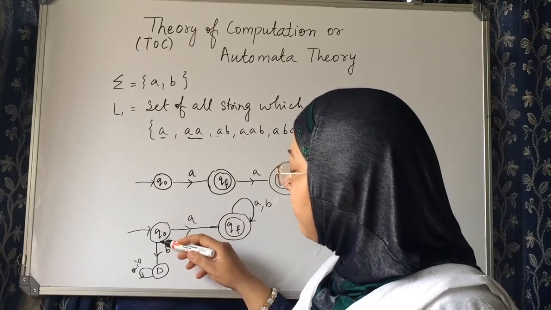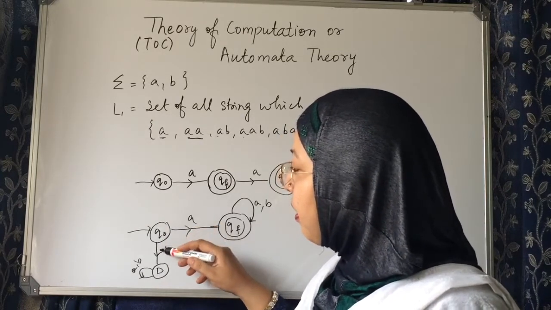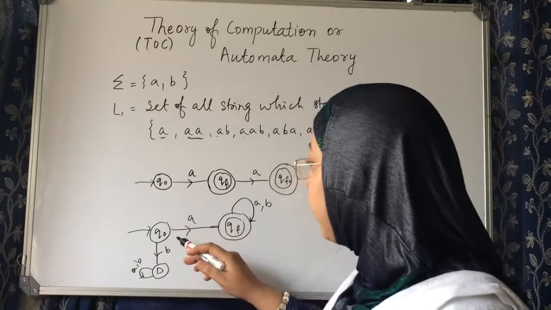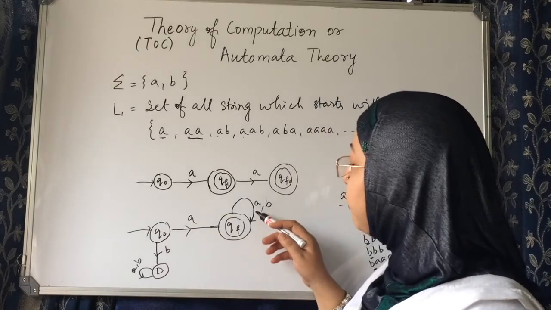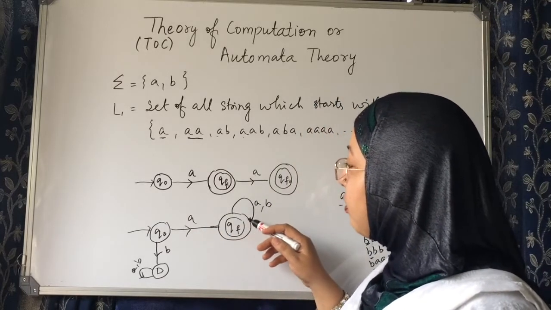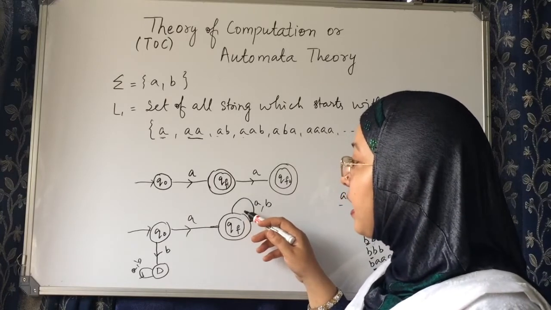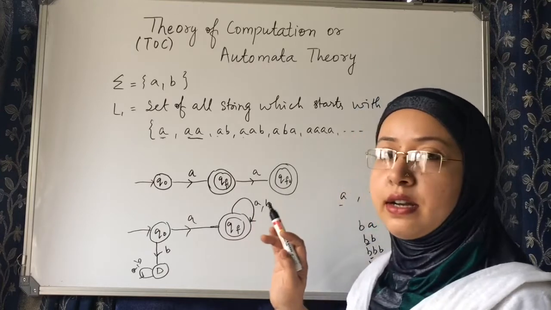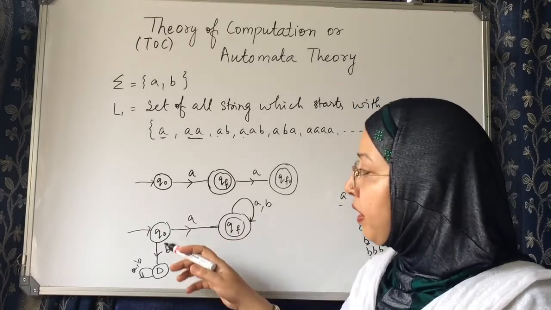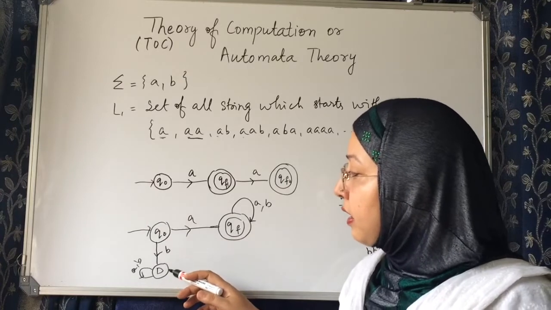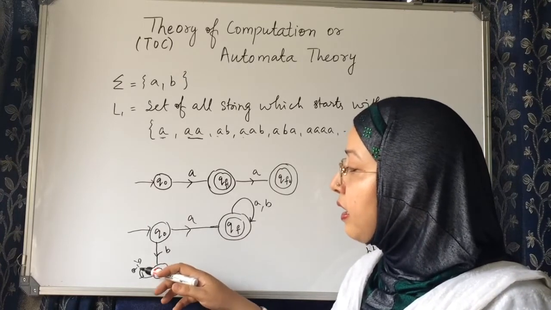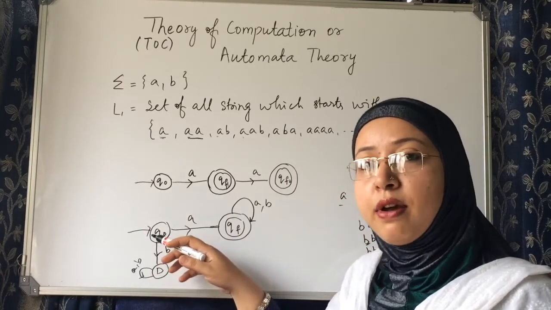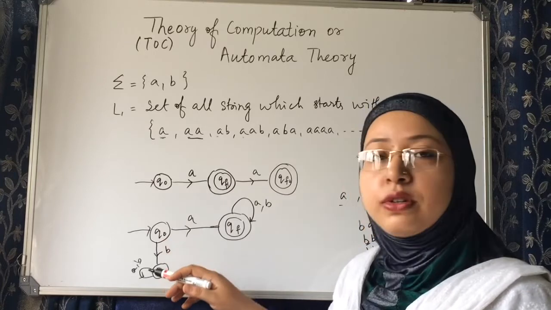We have shown from Q0 the transitions on both A and B. For QF also we have shown both transitions, A and B. On QF, if it sees any number of A's or any number of B's, it will go to the final state. But at D, if it sees any number of A's or B's after seeing one B from the initial state, it will stay in the dead state.